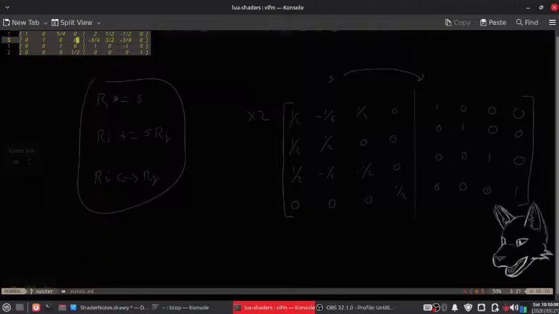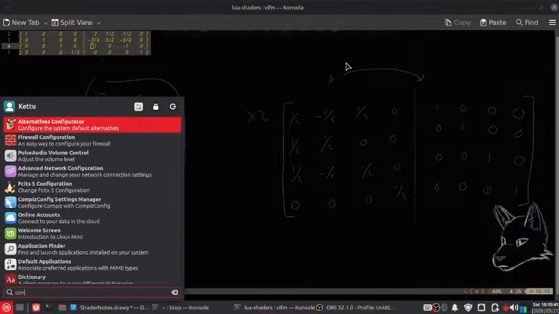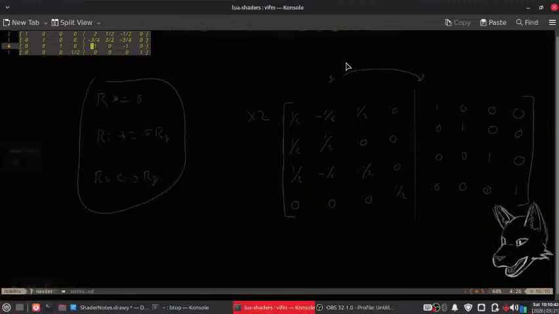Now I need to subtract 5/4 of this one from this one. So that is by definition a 0. Okay. 5/4 of 4 from 2. 5/4 of... calculator.